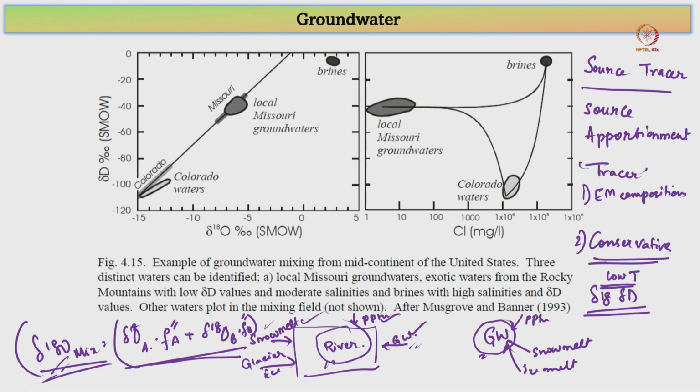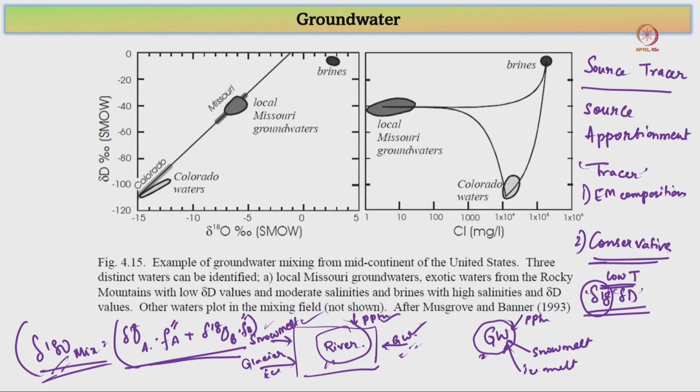In a low temperature environment, there will not be any kind of chemical interactions. Similarly, we expect that the physical processes that could alter the delta 18O or delta D values are accountable. That means, if there is evapotranspiration, then I could use an evapotranspiration coefficient factor to correct my delta 18O values of the end member and then apply it.